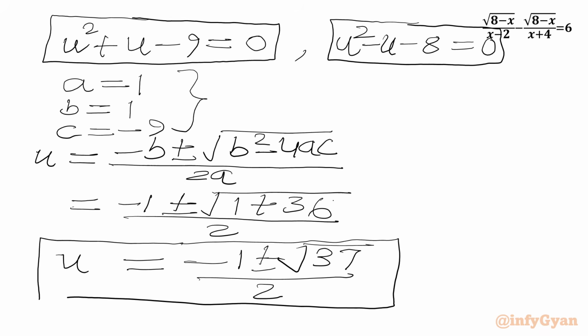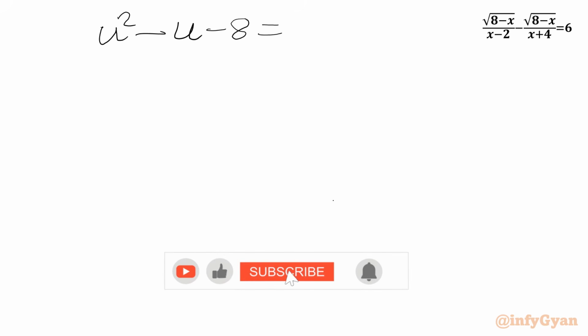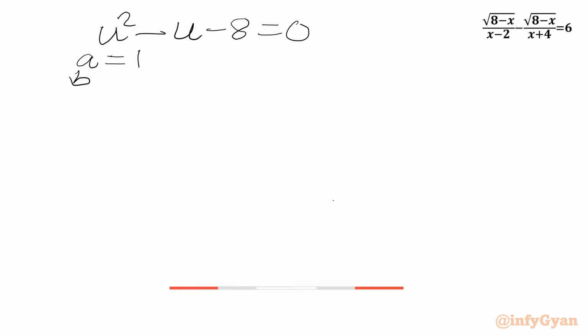Now we have to solve the second quadratic equation, u square minus u minus 8 equal to 0. So I will write u square minus u minus 8 equal to 0. Here a is 1, b is negative 1, c is negative 8. Let's use the quadratic formula.